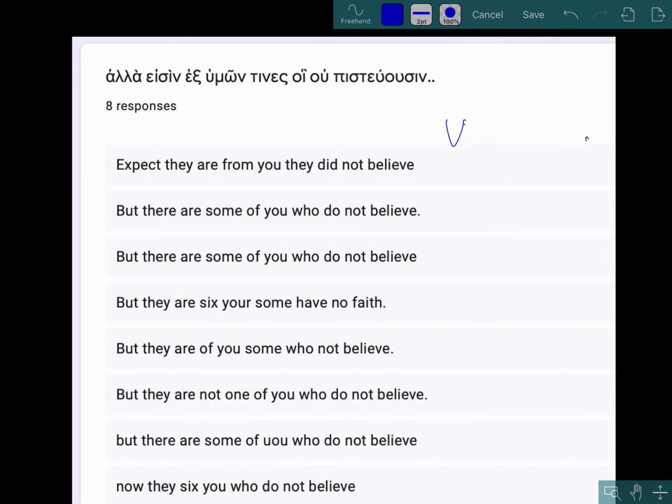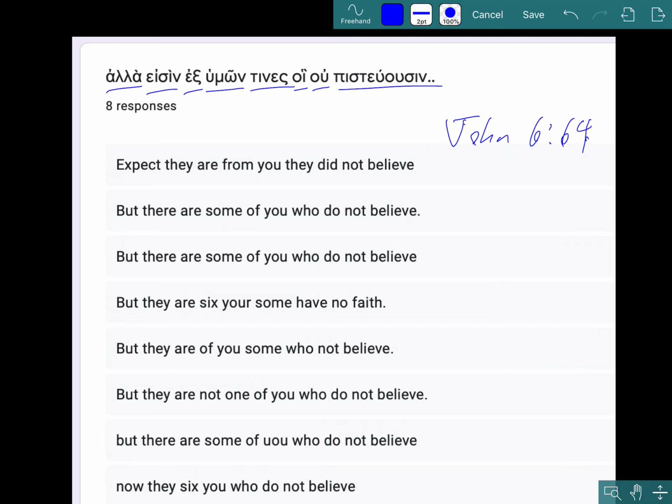Okay, we have here John 6:64. And it says, well, first in Greek, alla estin ex humon tines hoi ou pisteuousin.